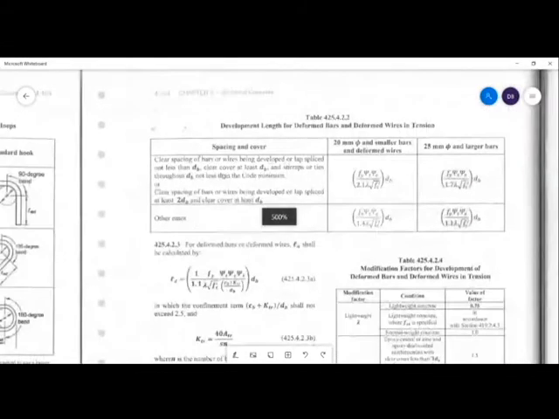And we have this table here that clarifies whether we use this formula or the other cases. If the clear spacing of bars and wires being developed or lap spliced is not less than d sub b, clear cover is at least d sub b, and stirrups or ties throughout the development length are not less than the code minimum, then we have the following formula.